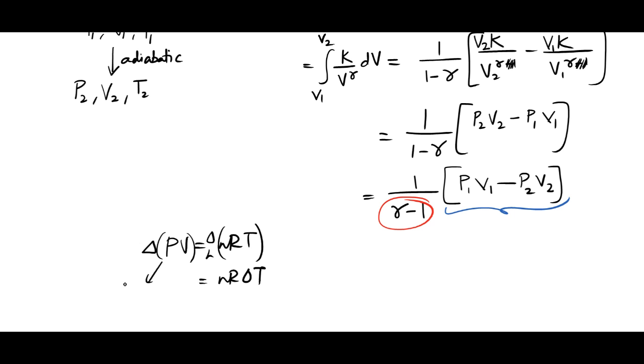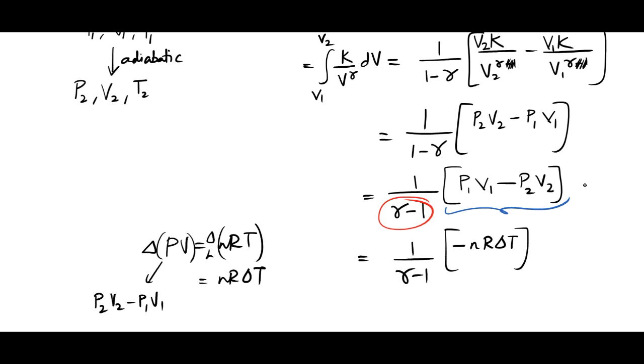Now delta of PV is the change in the product, so it's P2 V2 minus P1 V1, which you can actually substitute in that equation. You get a minus sign, of course, there, so 1 upon gamma minus 1 into minus of nR delta T.